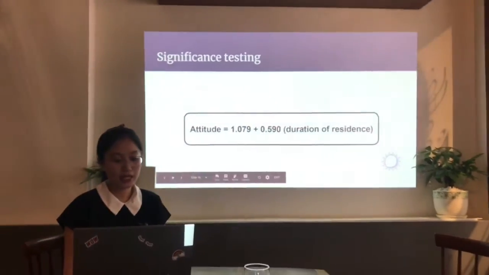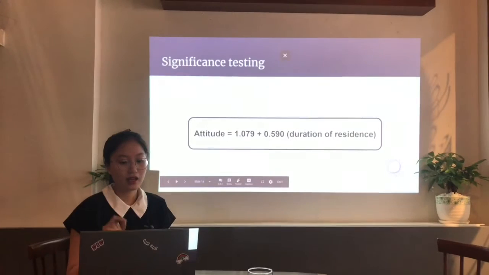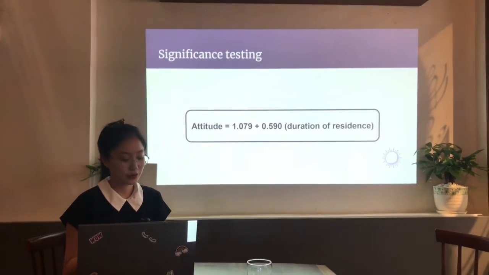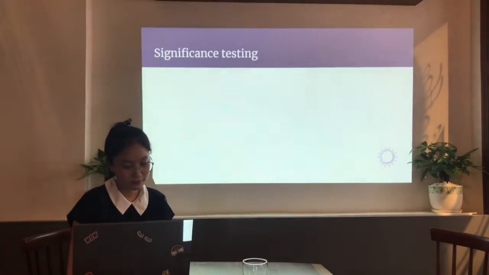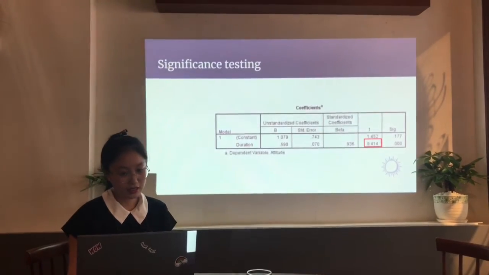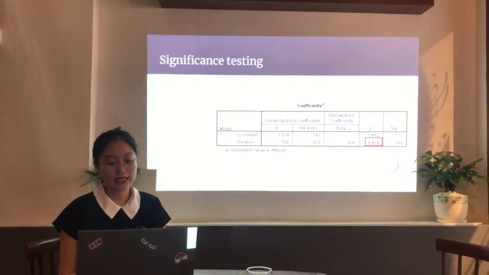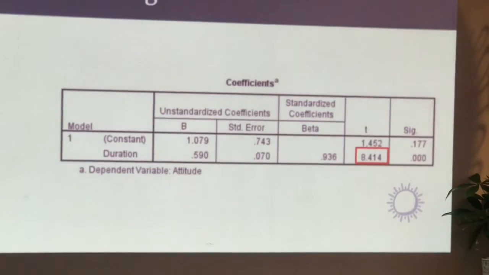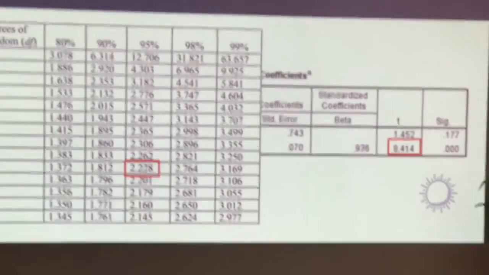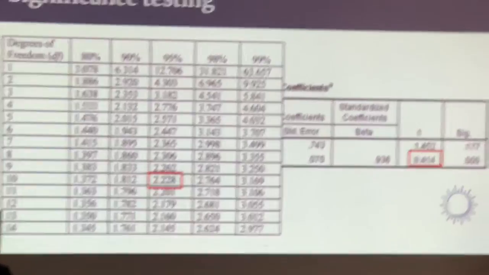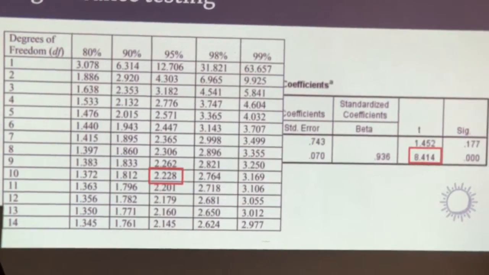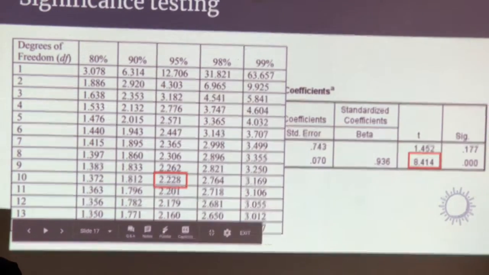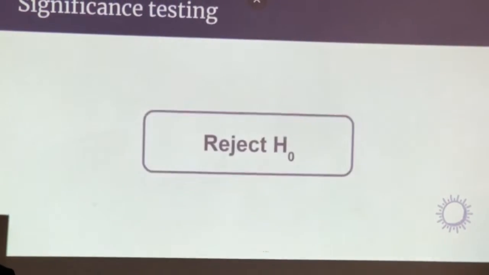You see beta 1 is positive, which means the duration of residence has a positive relationship with attitude. The t value is 8.414, and according to the appendix table, the critical t value is 2.228. In comparison, our t value is greater than the critical t value, so we reject H0.